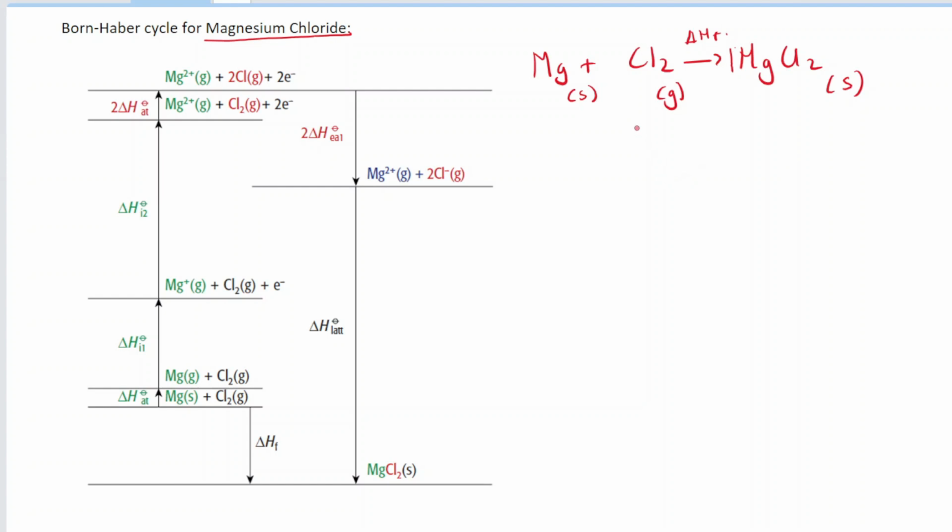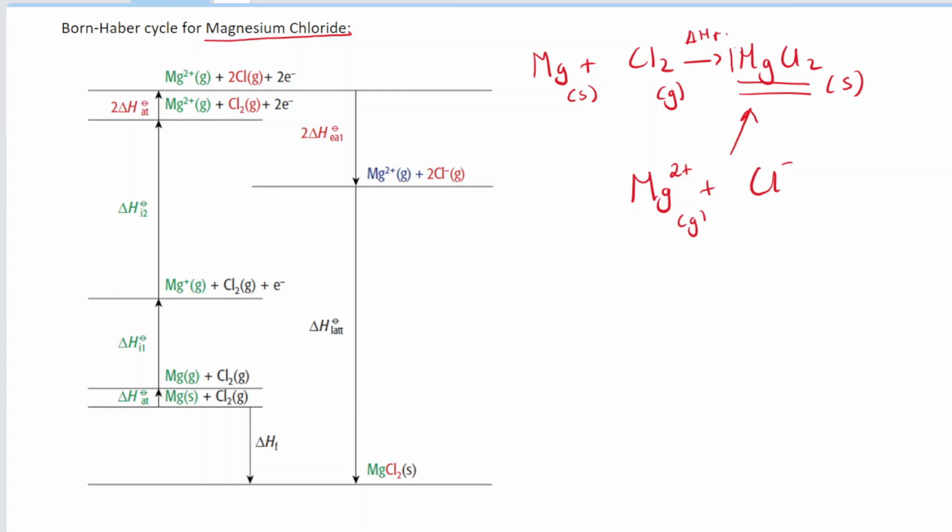And remember we need some sort of intermediate in between. Now, if this is an ionic compound, you can form this from its ions. So we can have Mg2+ plus Cl minus gives you this one, right? But again, remember, for the ions to form this, they have to be in the gaseous state.